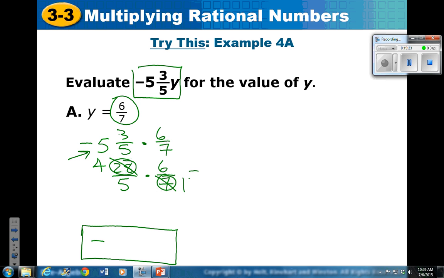We don't have anything else that we can cancel, so we do 4 times 6 is 24 over 5 times 1 is 5. 5 goes into 24 4 times with 4 left over. Keep the denominator. Nothing can be simplified, so we remember that our answer is going to be negative.